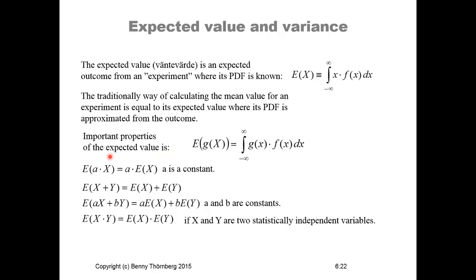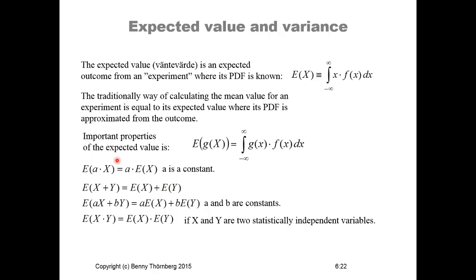Then we have the expected value of a constant a times the stochastic variable x, which is equal to the constant a times the expected value of x, where a is a constant. And the expected value of the stochastic variable x plus the stochastic variable y is equal to the expected value of x plus the expected value of y.